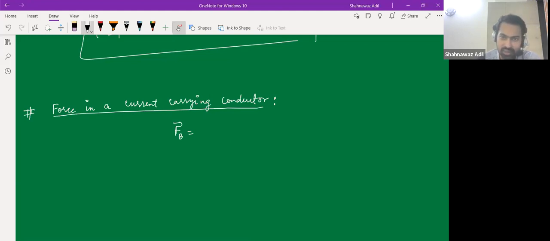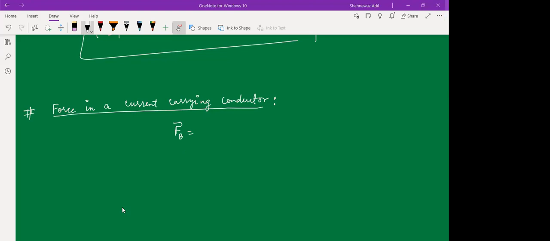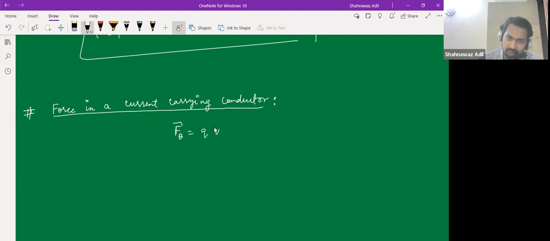Yes, Aisha, Q V cross B. This is what we understood about the magnetic force, right?